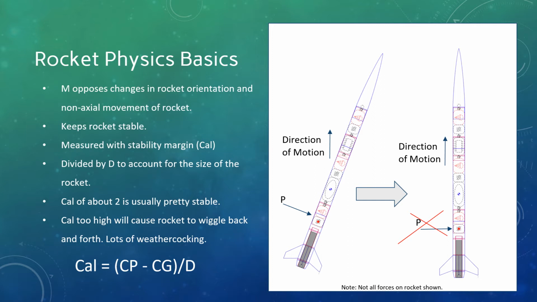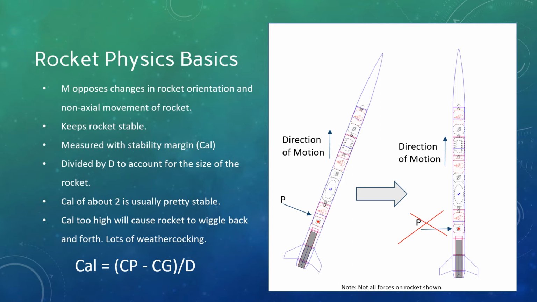If the center of pressure is situated behind the center of mass in the rocket, or in this diagram, that's below, so closer to the tail where the fins are, then the rocket will be self-stabilizing essentially, because as you can see in the picture on the left, if the rocket's tilted, but it's, say, going straight up, meaning that it's traveling in a non-axial direction, the air is going to push down on the left side of the bottom of the rocket, and it's going to cause the fins and the tail to swing round to the right.